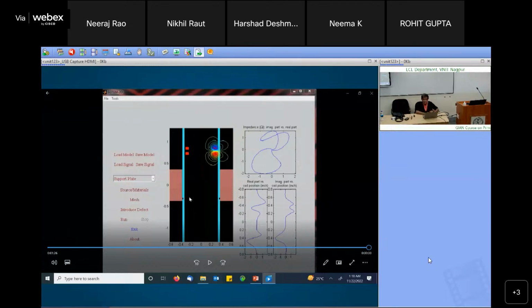We have done things like, the support structure doesn't have a defect, but right now there is no space between the tube wall and the support structure, but in practice, there is a gap. And in that gap, a lot of rust and deposits get deposited.